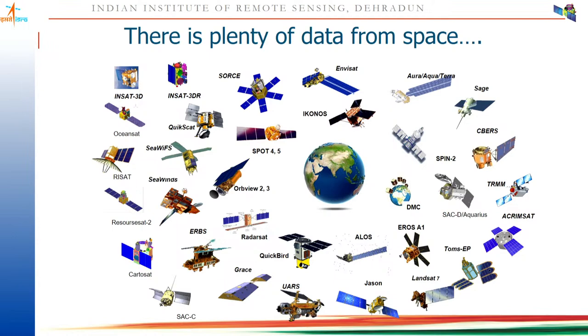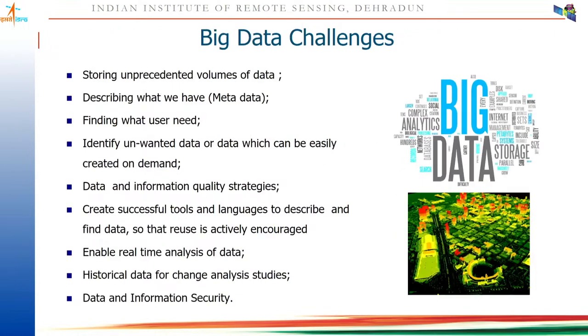Geocomputation plays a very important role here, because ultimately we have to analyze this data sometimes in real time, sometimes in offline mode, or sometimes on demand. Depending on the applications, the geocomputation technique will be applied on this data set, so that effectively these data sets can be utilized for different types of thematic applications.